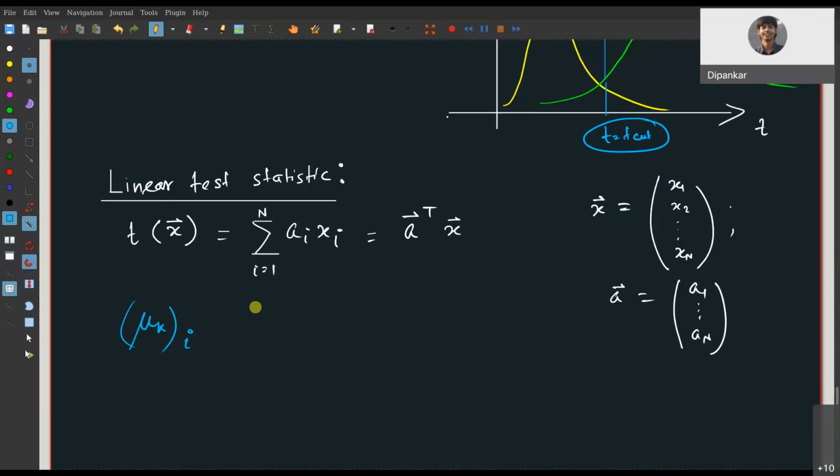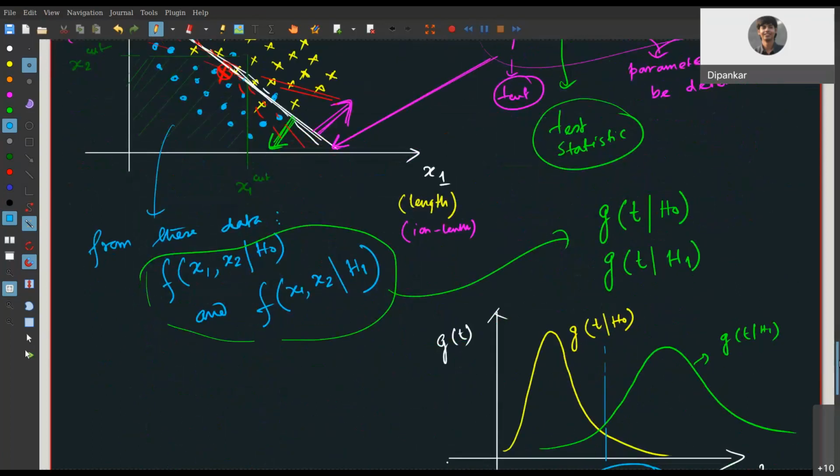It is the integration of x_i times f(x given H_k is true). Remember, this f(x | H_k) is similar to this, for k equals 0 or 1. These are the distributions that you get from this data.